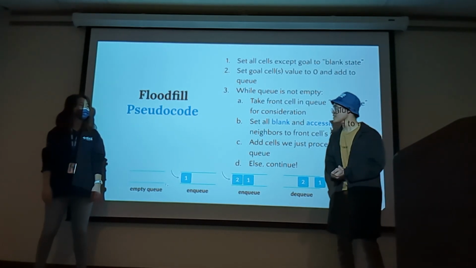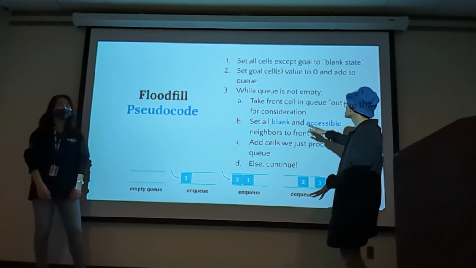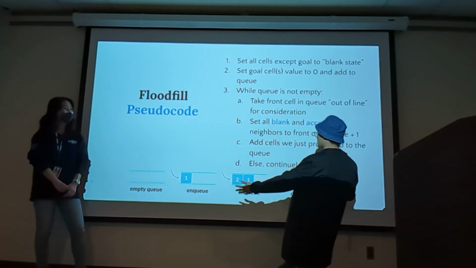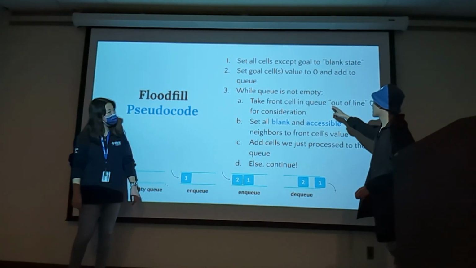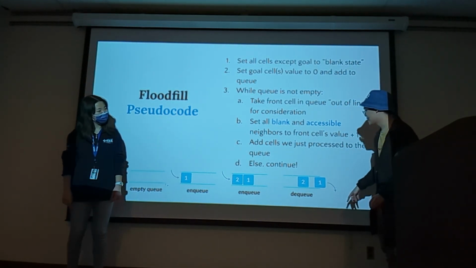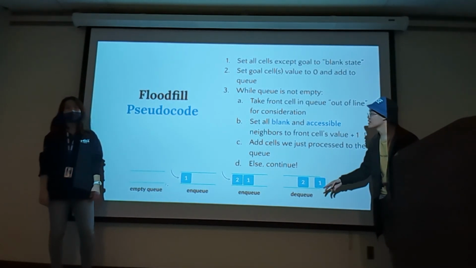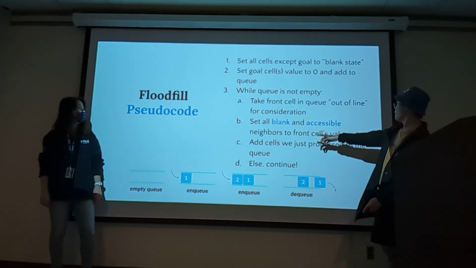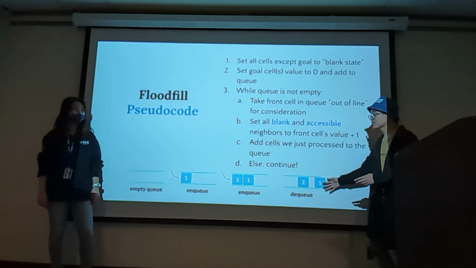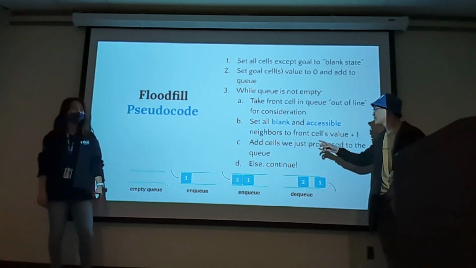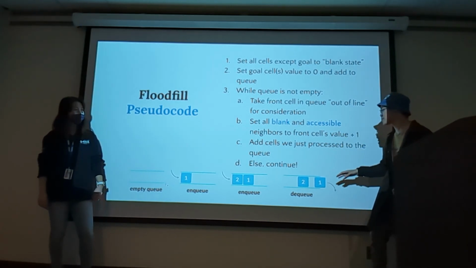All right. So we have this while loop. While the queue that we have is not empty, take the front cell in queue out of line for consideration, aka just dequeue and get that data. Set all blank and accessible neighbors to the front cell's value, the cell we just took out, +1, and then add all the cells we just processed to the queue.